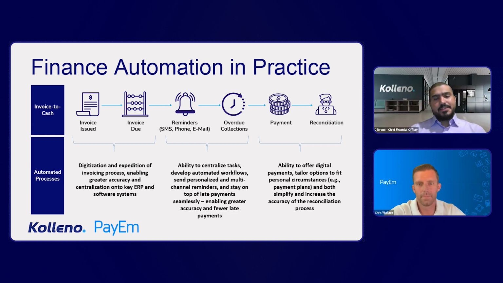And the automation process also allows clearer tracking of tasks and workflows, right? The ability to set out which tasks you have, put in workflows to automatically send more personalized and multi-channel reminders, whether it's SMS, phone, or email, and just help to enable greater accuracy and fewer late payments.